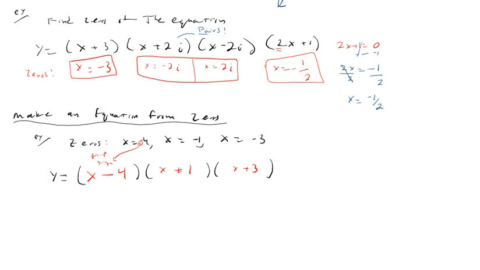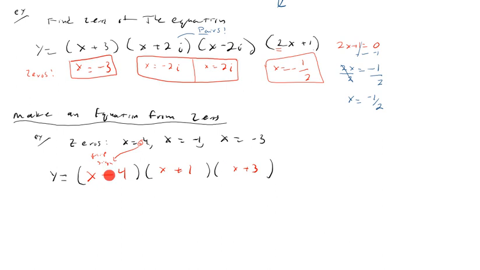I have all the pieces, all the factors are fine. But this is not really the final answer, right? The final answer is if I turn this into a polynomial equation. And that's what I'm going to have to do.